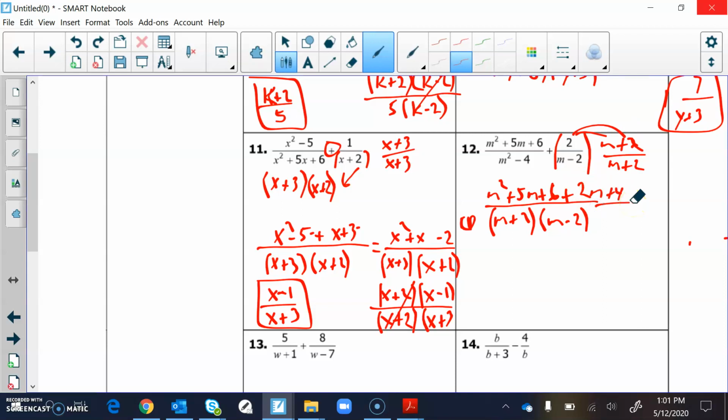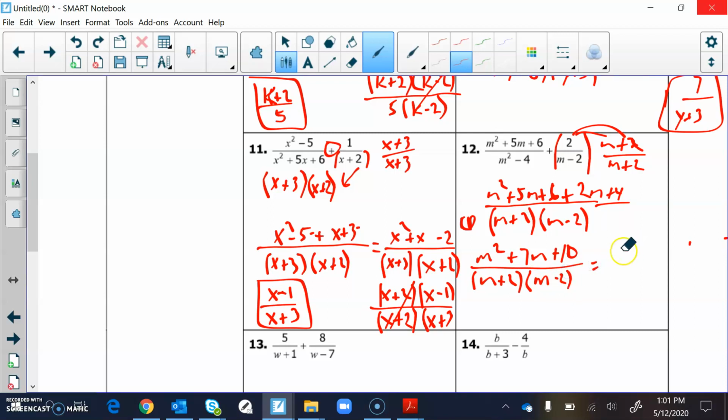All right, cleanup time. Got single m squared plus 5m plus 2m is plus 7m plus 6 plus 4 is plus 10, all over m plus 2, m minus 2.